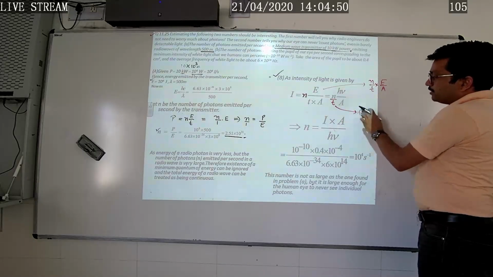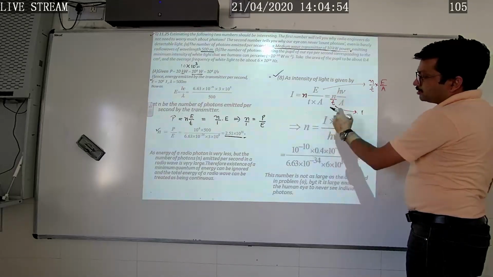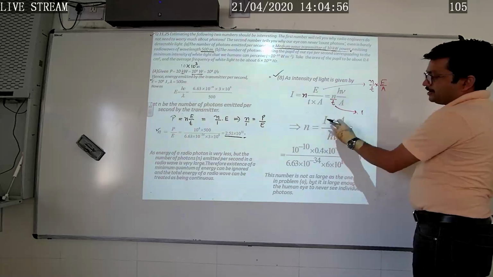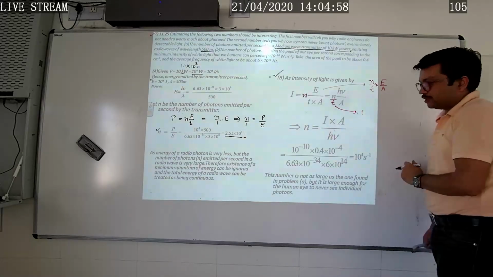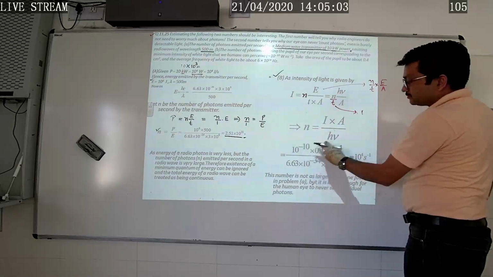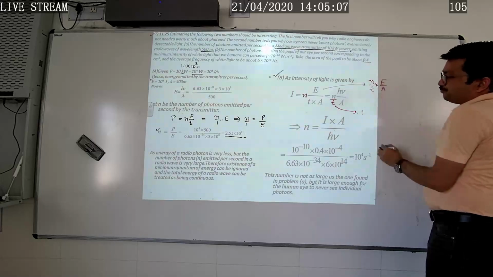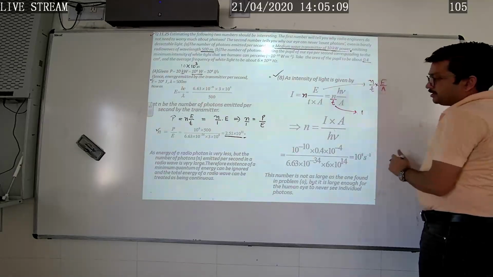If we put its value as 1 second, making n the subject and cross multiplying, we get I into A over h nu. Now what is the intensity? 10 to the power minus 10. Area of the pupil is 0.4 centimeter square.